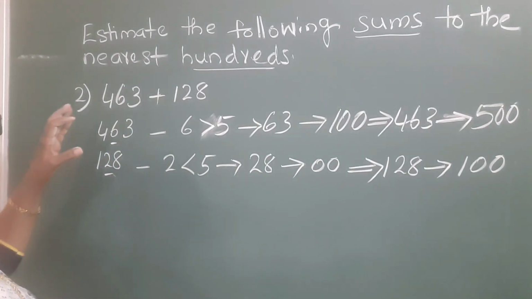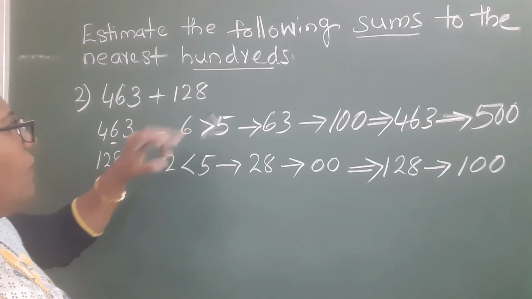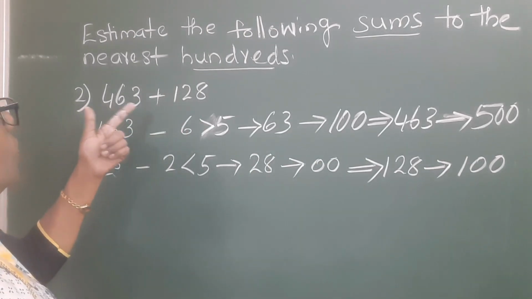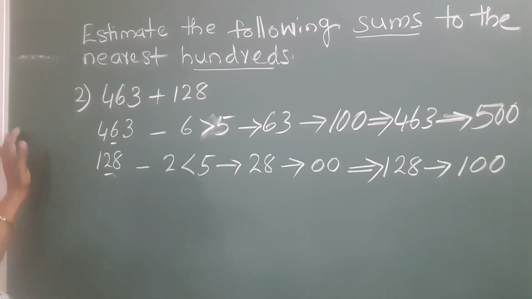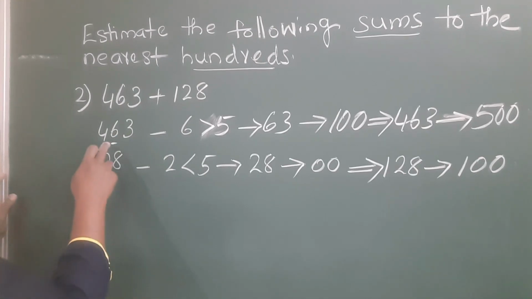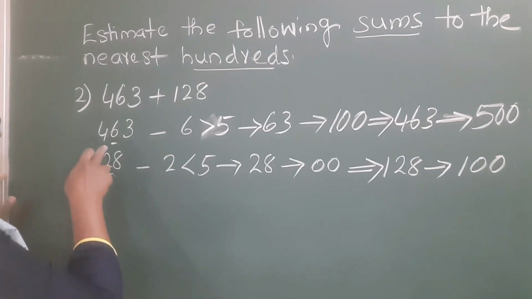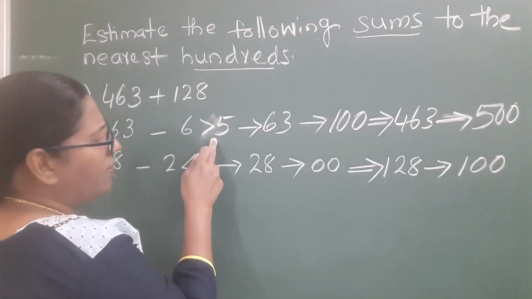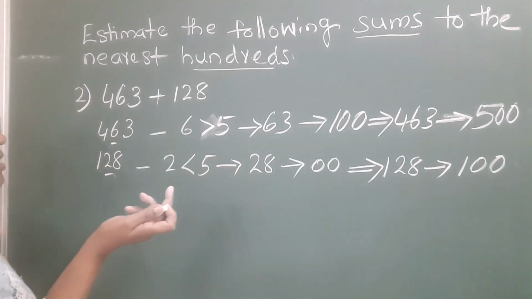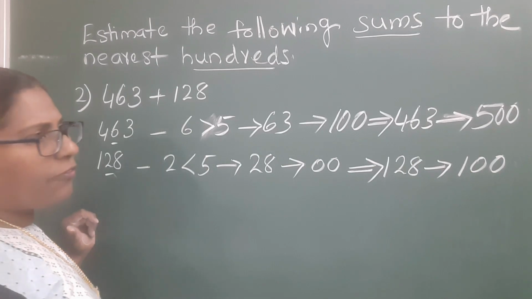We have here 463 plus 128. These numbers first we have to round off to the nearest 100 and then we have to do the addition and find the sum. First we have to do 463. In 463, 6 is in tens place. So 6 is greater than 5. So 63 rounds off to 100. So 463 rounds off to 500.